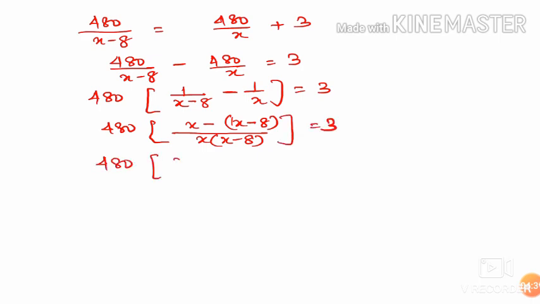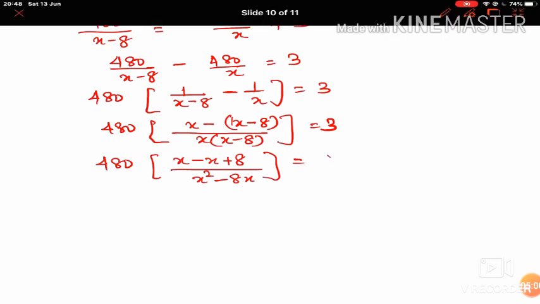So 480, open the bracket and change the sign, multiplying the terms in the denominator. So we get 480, x and x cancels, into 8 divided by x square minus 8x equal to 3.